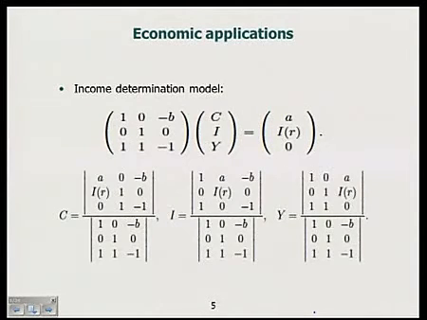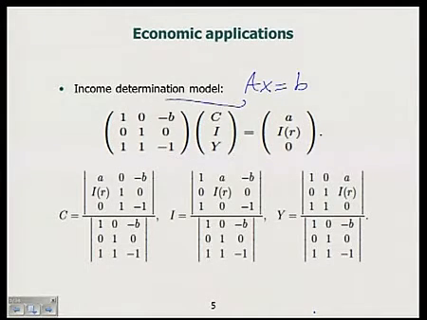Then we have a three variables problem, but it's the same. The matrix A times X then is equal B. And this time the matrix A has these elements.